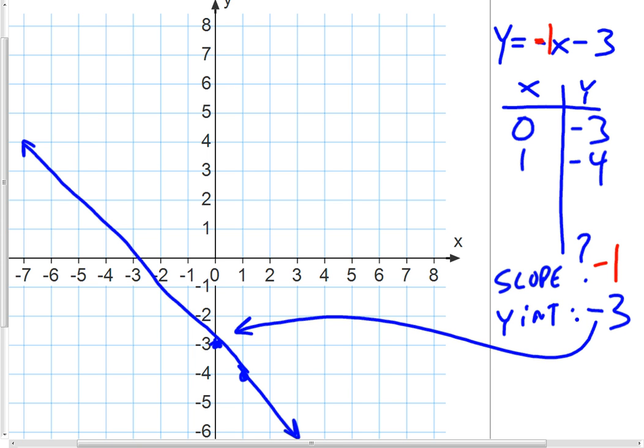Ask yourself, if this is a negative slope, does my drawing look downhill? It's going downhill from left to right, so it looks okay. That will get you half credit because we have a whole other equation there. I chose to do the one where y was already by itself.